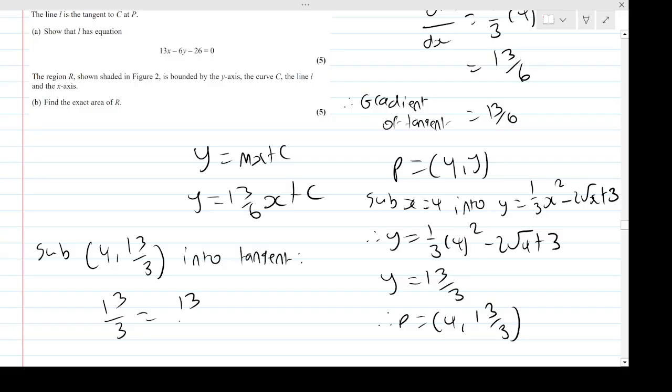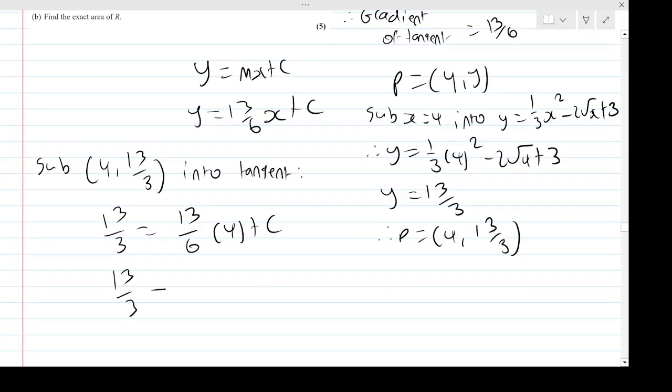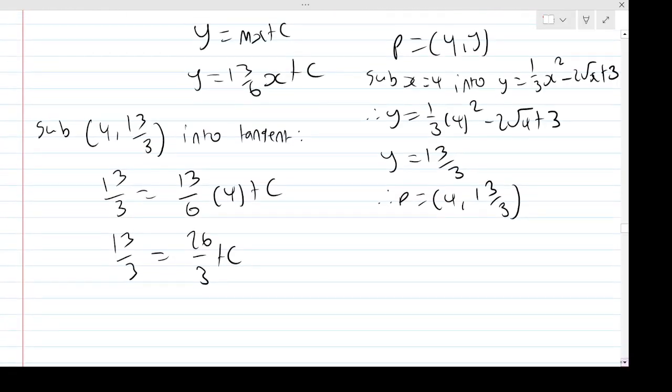It's going to be 13/6, lots of 4 for x, add C. So that means 13/3 is going to be 13/6 times 4, which is 26/3, add C. And so simply then, to get C, we're going to subtract 26/3 from both sides. So 13/3 take away 26/3, I get minus 13/3. So therefore, y is going to equal 13/6 x minus 13/3.